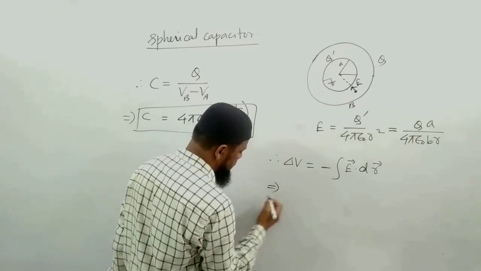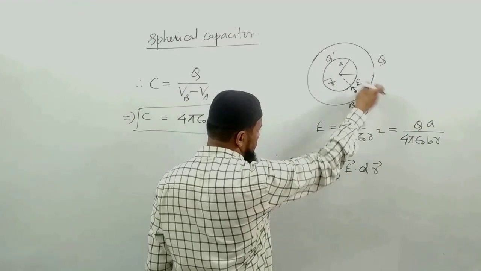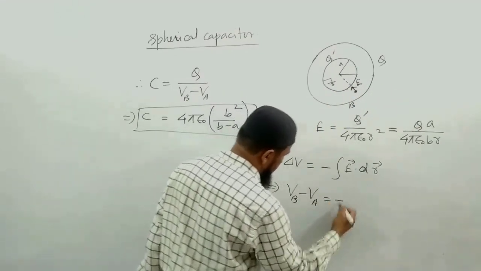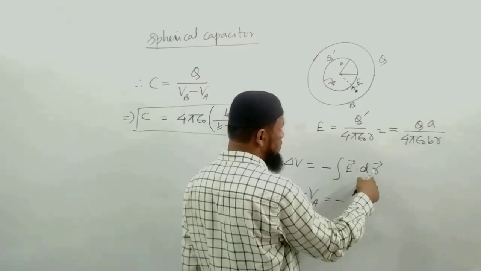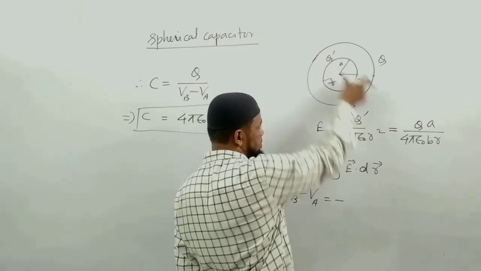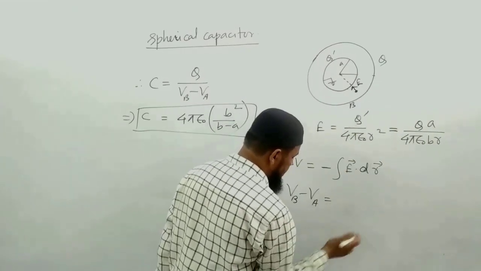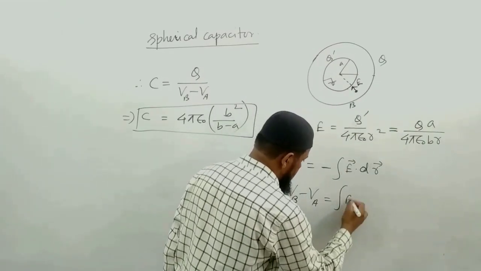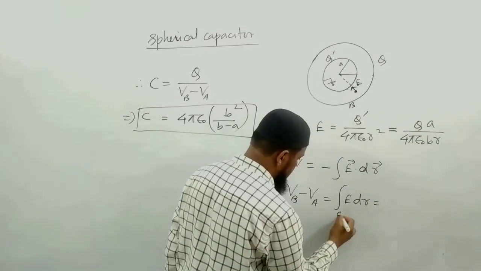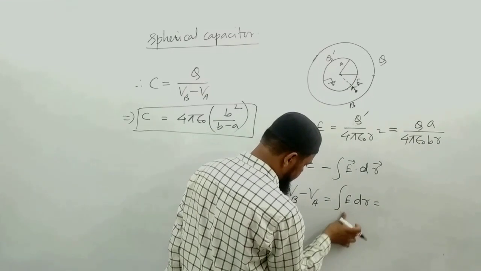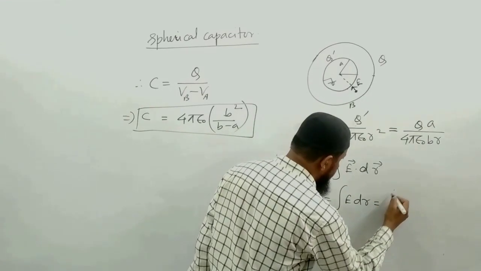The direction of r is from inside to outside, so potential difference means VB minus VA is minus E bar dot dr bar. r bar is outward, E bar is inward, so their dot product is negative, so minus and minus will make it finally plus. Integration E dr going from A to B.